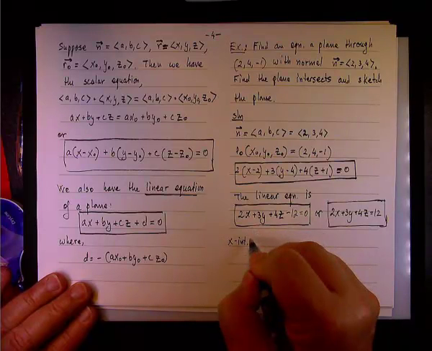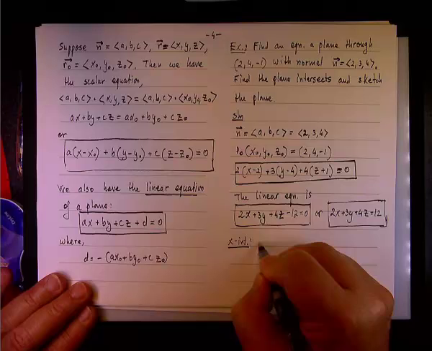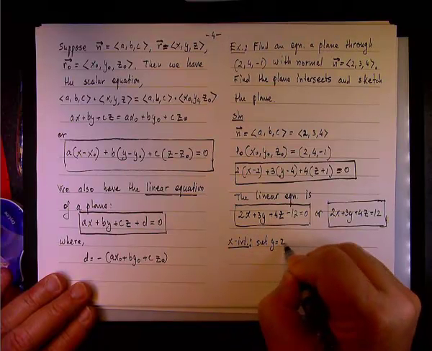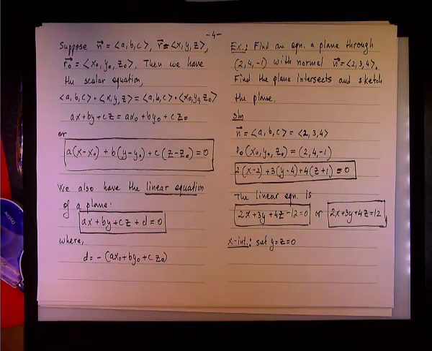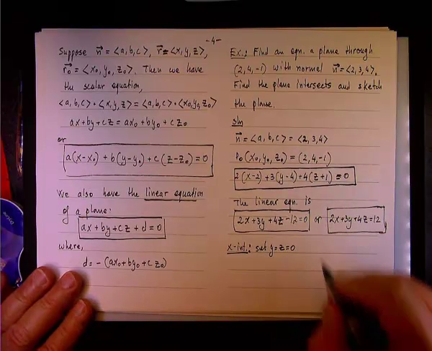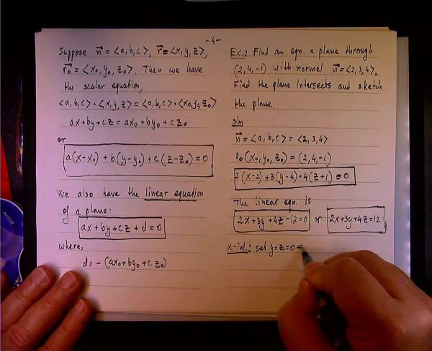Okay, so this takes care of the initial requirement. Now we're going to go through the intercepts. So what is the x-intercept? Okay, the x-intercept, we obtain that by setting y and z to equal 0. Remember, the x-intercept is the value of x when y equals 0 and z equals 0.